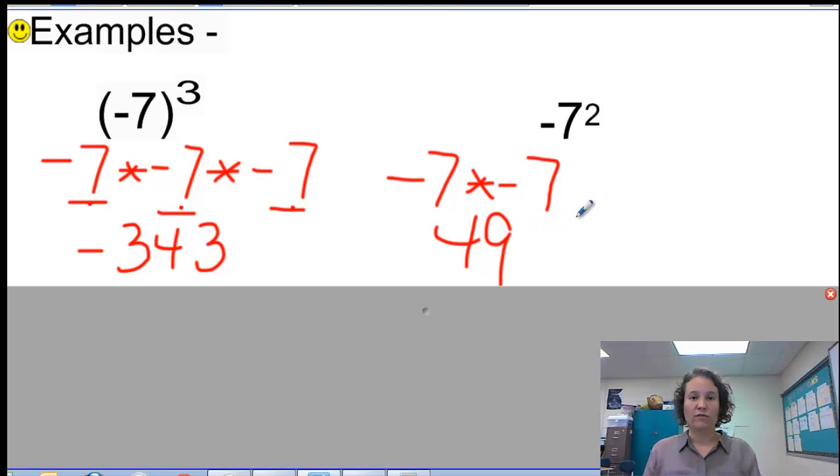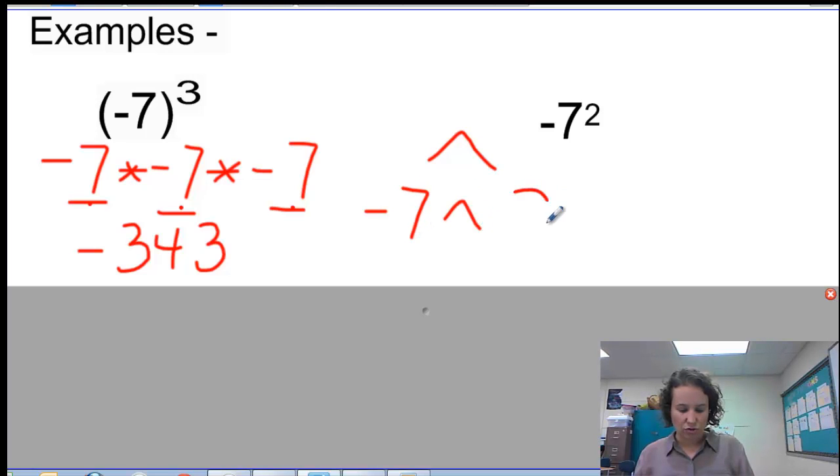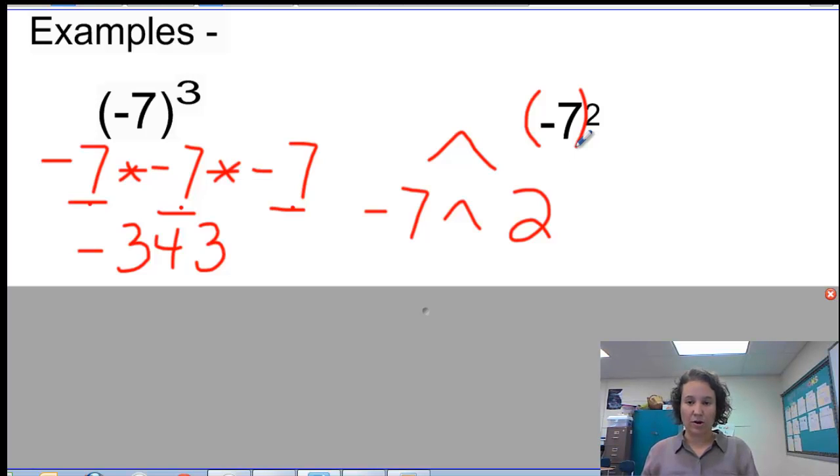But I will tell you, if you enter -7 ^ 2 on your calculator, so we use the caret key on the calculator for powers, it looks like this. If I entered -7 ^ 2 and I wanted to get a positive 49, I really meant that I was taking -7 to the second power, but this would give you -49.